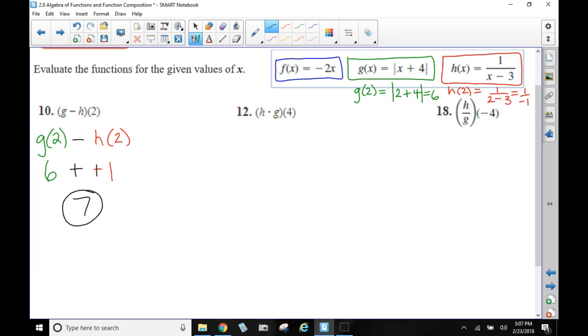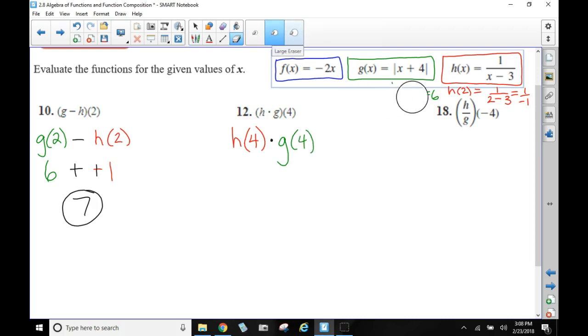For number 12, h times g evaluated at 4. We're going to rewrite that as the box directed, the purple box on the previous page now: h evaluated at 4 times g evaluated at 4. So now we've got some new things to calculate, h at 4 and g at 4.